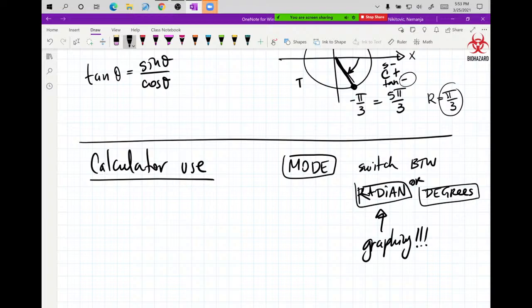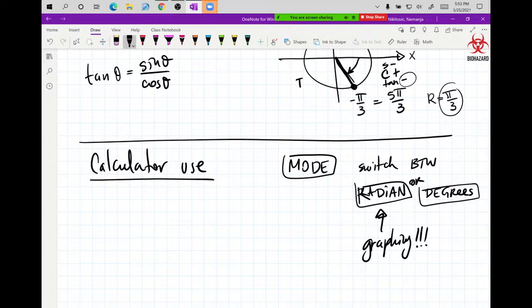Because you literally have to check in every single problem if you are in the right mode, because the calculator will compute values no matter what. And if you are in the wrong mode, it will give you different answers. And it doesn't display units, the calculator.